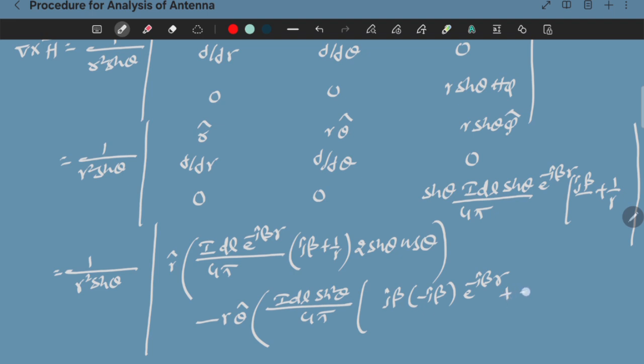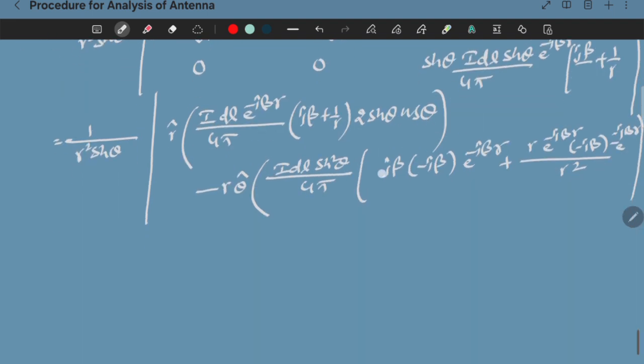So what will be the differentiation? U by v formula we have to apply: by v square, that means by r square, in the numerator v into, that means r into differentiation of e power minus j beta r, that is minus j beta, minus u, that means e power minus j beta r into differentiation of v, that means the differentiation of r is 1. So in this manner we have written.